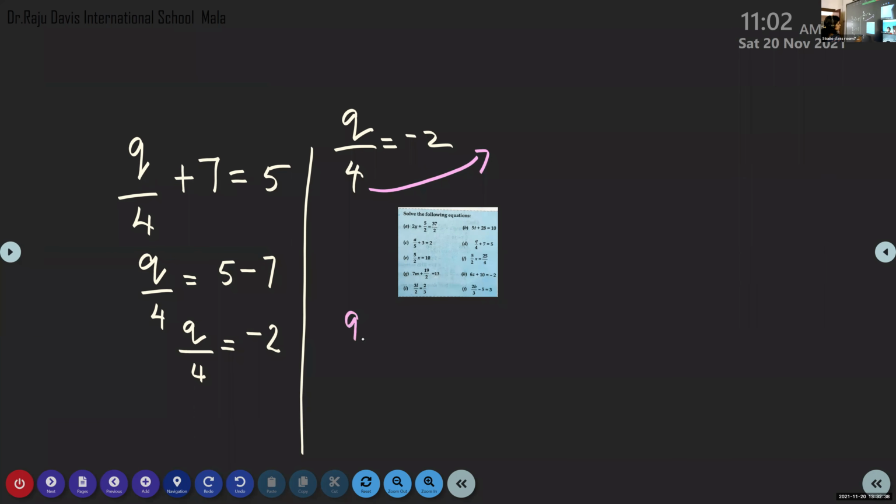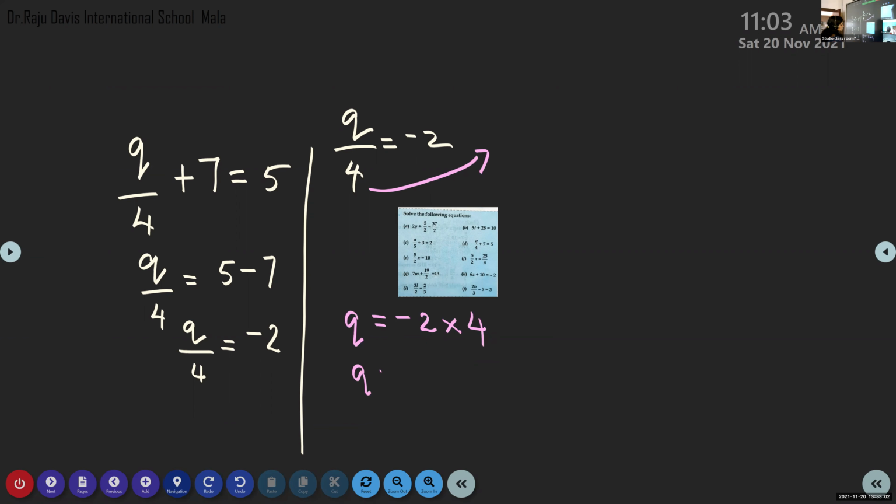So q is equal to negative 2 into 4. Correct. You don't have confidence. See, when it is a denominator and you take it to the other side, it is multiplied. There is nothing to think about. Numerator will become denominator, denominator will become numerator.